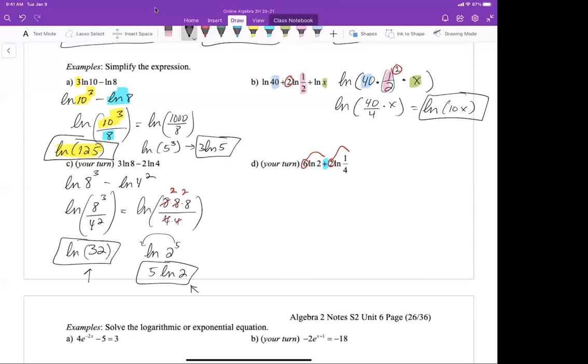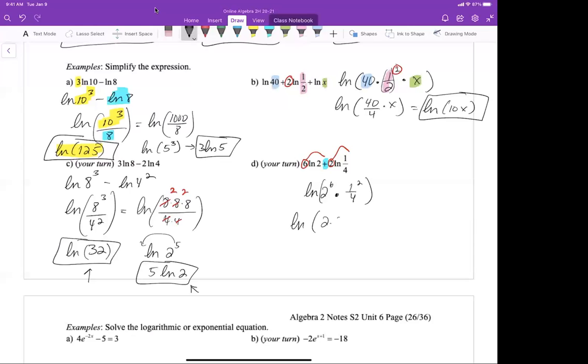So let's try it one more time. I can combine using multiplication. Apologize. So I have log of 2 to the 6th power multiplied times 1/4 squared. Okay. I personally plug that into my calculator, but we could see what that looks like.